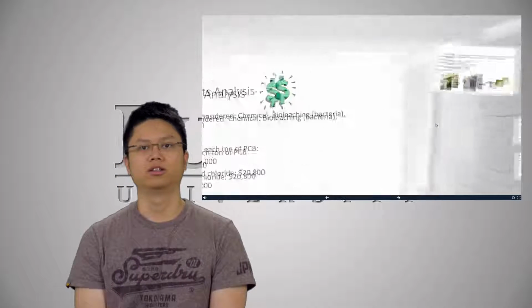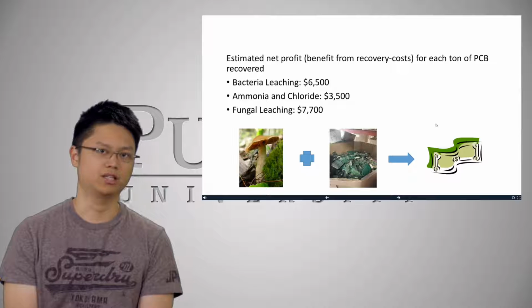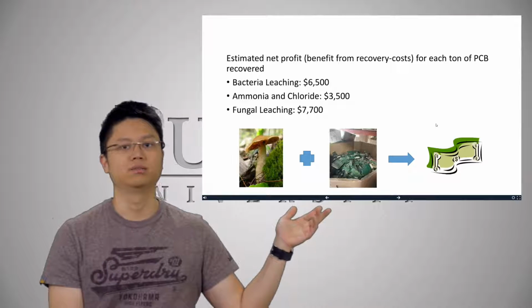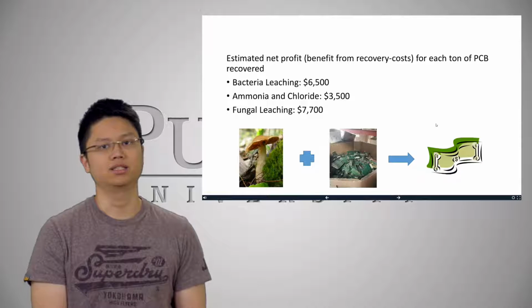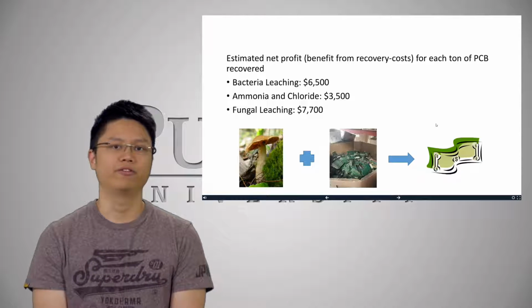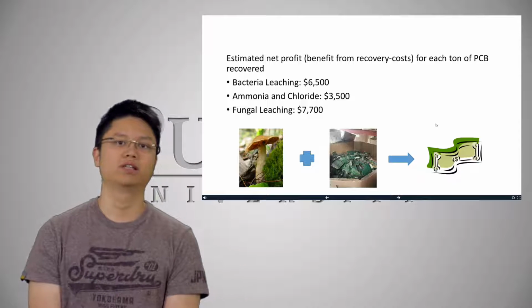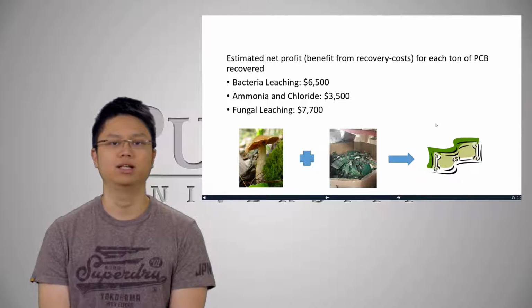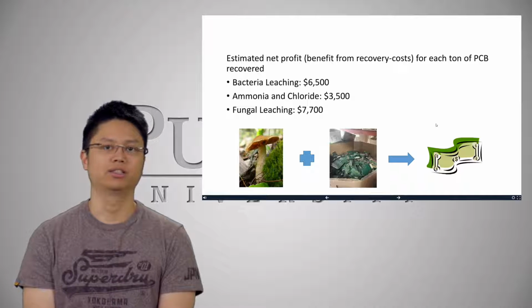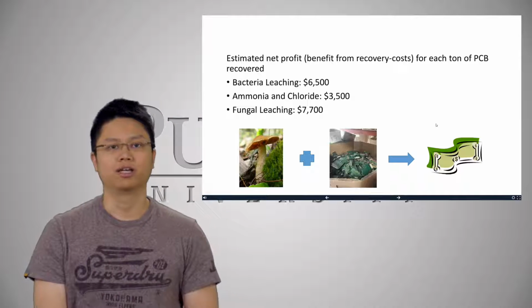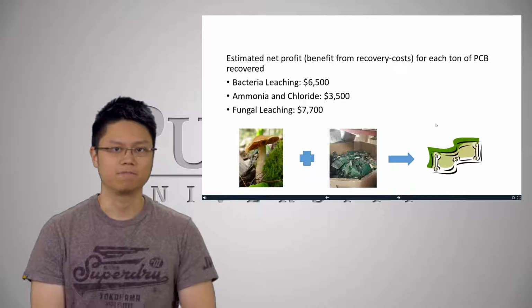Now, we want to look at the total profit we can generate by using each method to recover PCB. As we can see, the fungal leaching process is the most beneficial among others. Besides costing a small amount of energy to process and being environmentally friendly, recent research showed that fungal leaching can recover metals other than copper such as gold, lead, zinc, iron, and other metal components that cannot be processed by bacterial leaching.